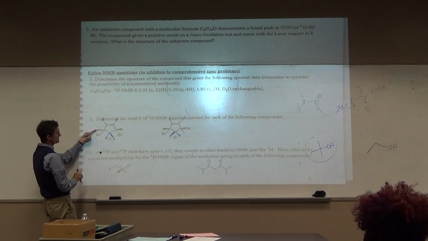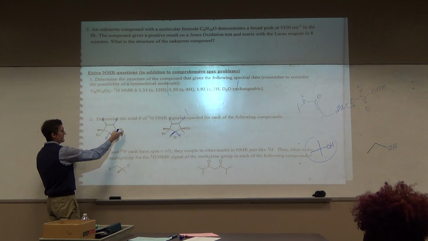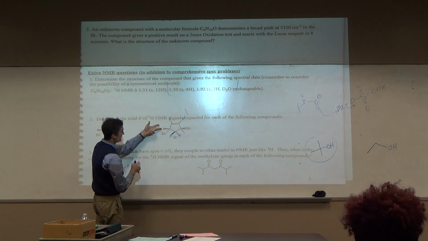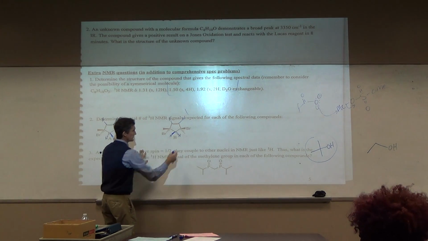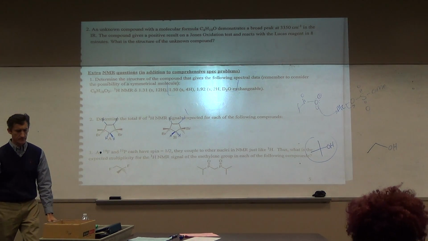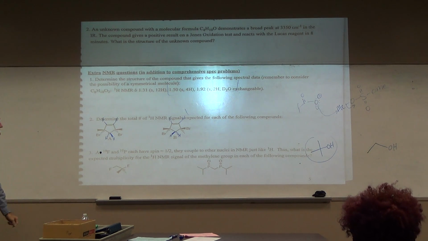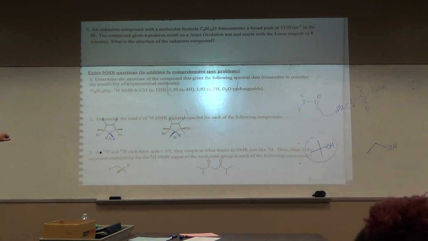This methyl is beside a bromine. That methyl is beside a bromine. This methyl is beside a bromine. That methyl is beside a bromine. I mean, yes, one methyl is back, but it's also beside a bromine. It doesn't matter if it's this and this versus this and this.